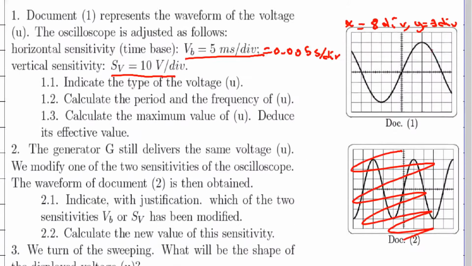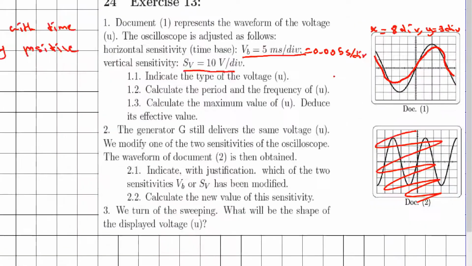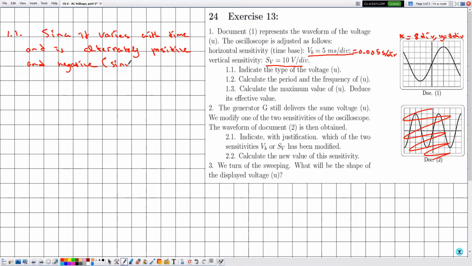And notice that the shape of this curve is sinusoidal. Then it is an AC sinusoidal voltage source. Okay, so this is it for 1.1.